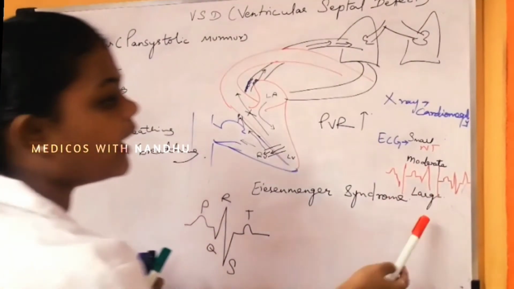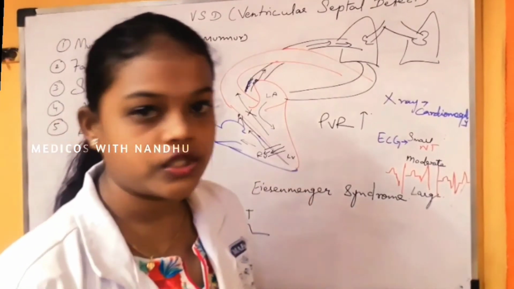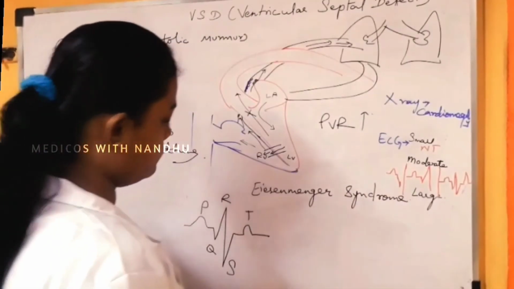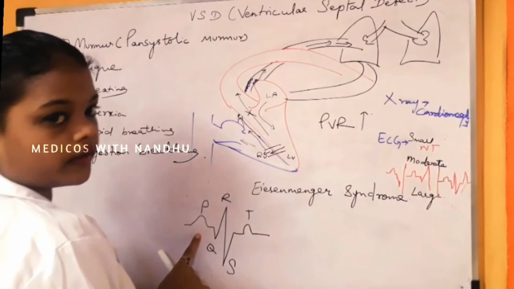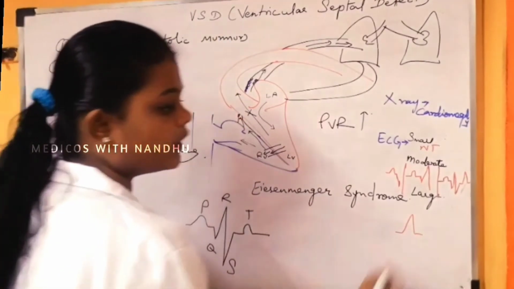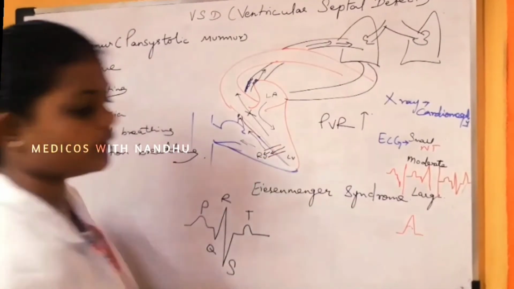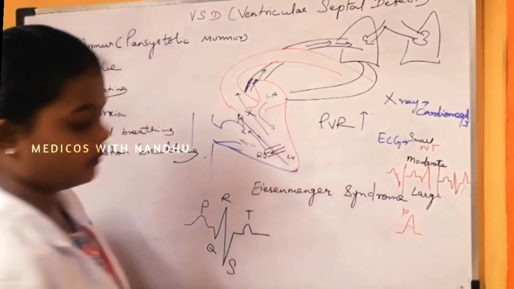And in large VSD, P wave will be peaked and notched. Normal P wave is here. So P wave will be like this. But normally, this is a normal thing, but P wave will be like this. Okay.